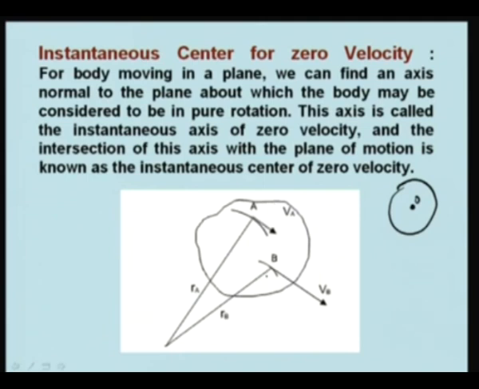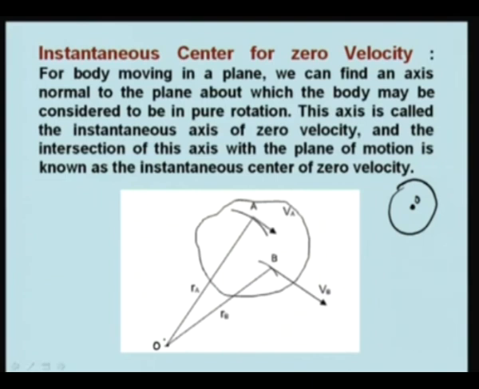Now, this shows a body in which there is a particle A and particle B. Instantaneous center is O. The particle A is at a distance of RA from the instantaneous center. Particle B is at a distance of RB from the instantaneous center.